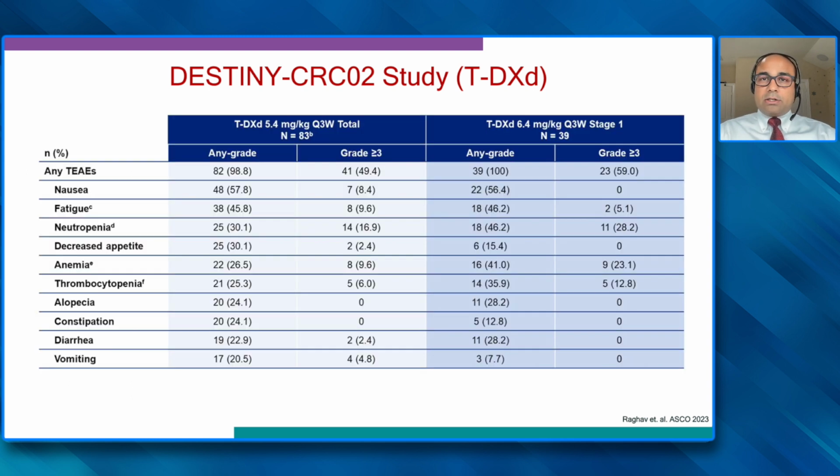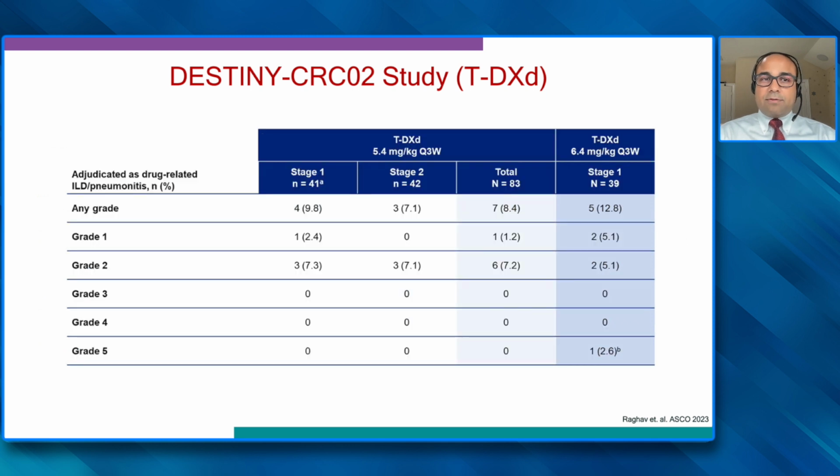Now, the toxicities of these antibody drug conjugates are very similar to the toxicities expected out of chemotherapy. You can find some fatigue, some grade 3 neutropenia, anemia, and thrombocytopenia. So, very much similar to what you would expect out of a chemotherapeutic agent. But the main side effect of interest is interstitial lung disease, which can happen with antibody drug conjugates.